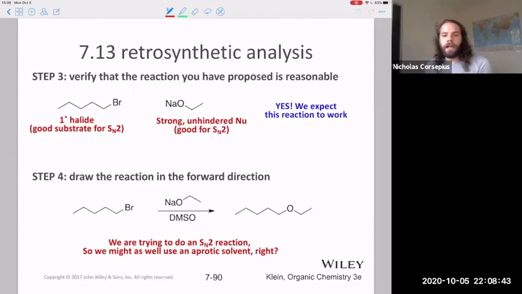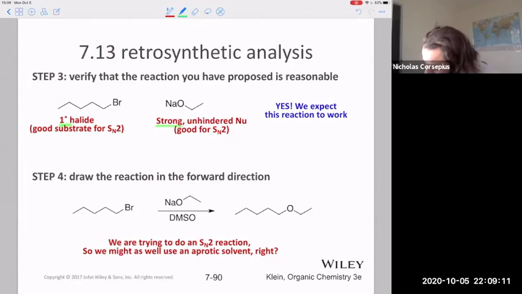So then the last thing you want to do is double check your work, make sure that what you've proposed is legitimate, thinking in the forward direction now, right? Kind of like a guess and check thing. So with our proposed substrate and our proposed reagent, will these undergo the substitution reaction that we want? Well, we have a primary alkyl halide, so yes, that one's good for SN2, awesome.